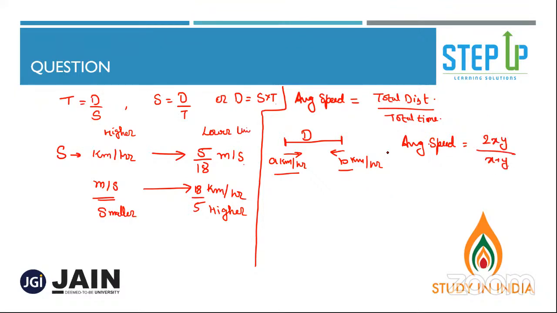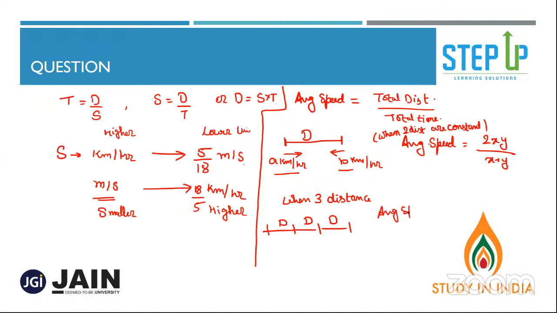Right? This is when two distances are constant. When three distances are given, like 1, 2, 3, so all are d, d, d, then average speed is equal to what? 3xyz upon xy plus yz plus zx, right? 3abc upon ab plus bc plus ca.